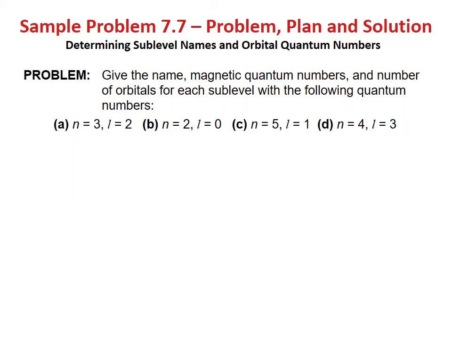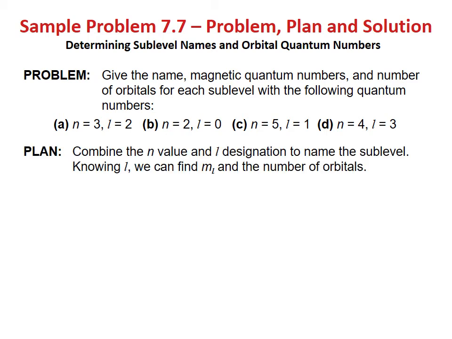Sample problem 7.7. Give the name, magnetic quantum numbers, and the number of orbitals for each sublevel with the following quantum numbers. Okay, we need to combine n and L to name the sublevel, and knowing L, we can find m and the number of orbitals. For example, the first one, L equals 2, and that is the d orbital. Because n equals 3, it's called the 3d orbital.